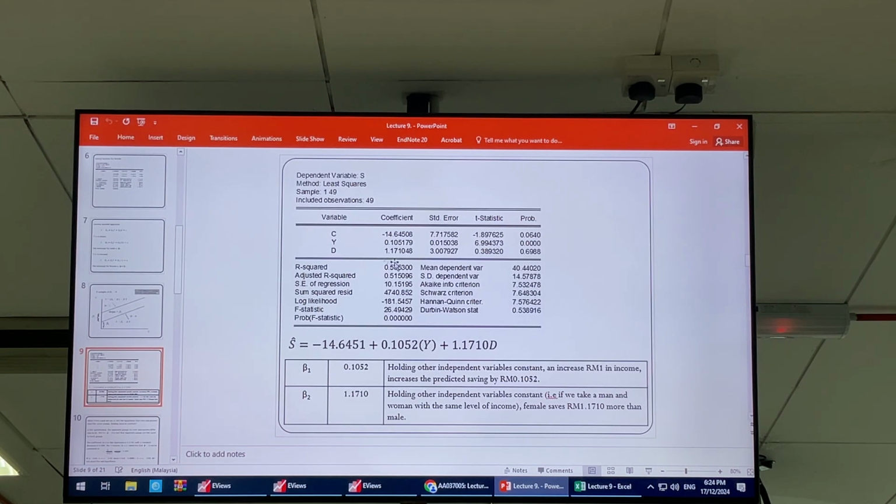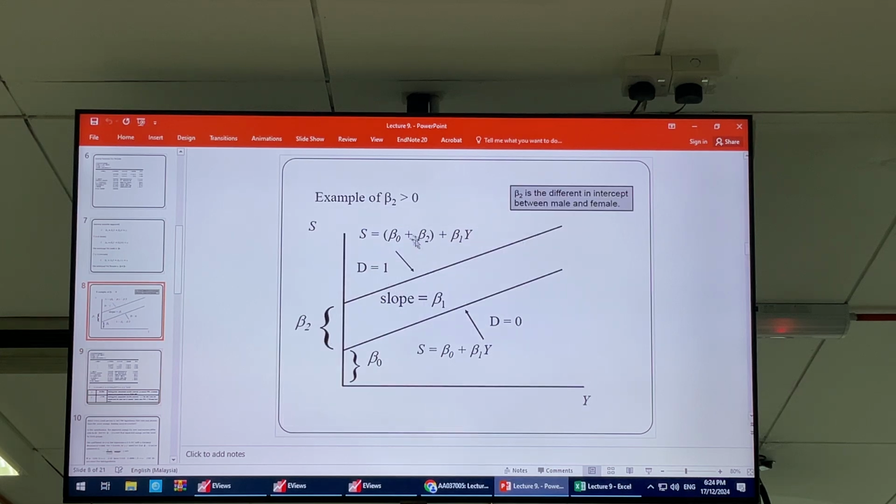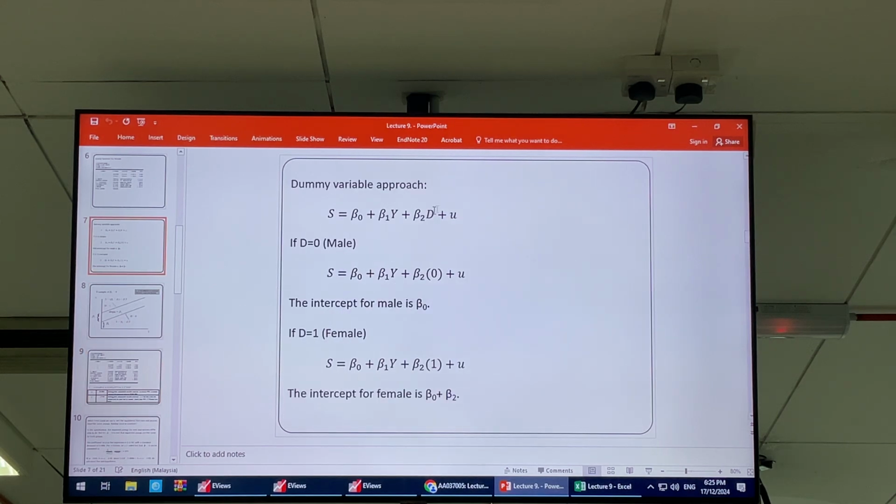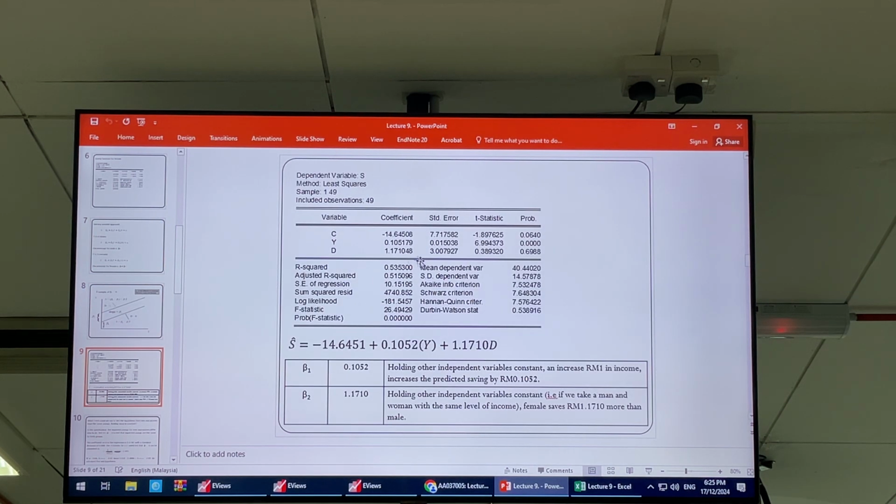So this is the result we obtained just now. In order to know the value of the intercept for female, you have to calculate the estimate for beta 0 plus the estimate for beta 2. Beta 2 is the coefficient for D, the dummy variable.